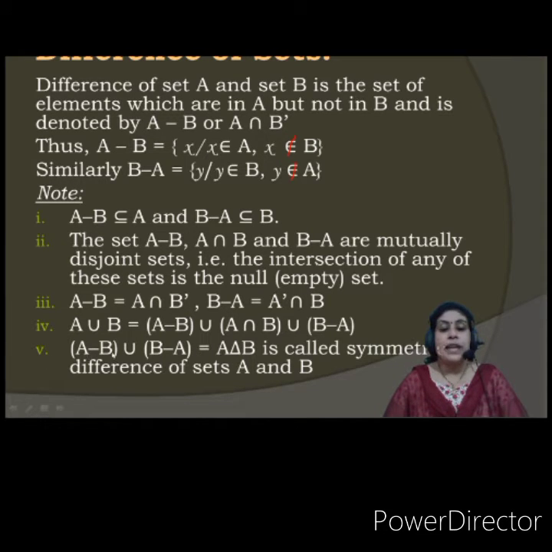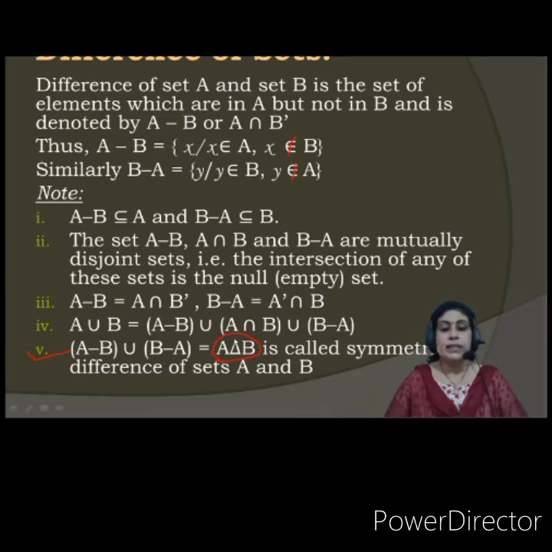Fifth one, A minus B union B minus A. Okay, do remember this. It is not asked too much, but it is very important for you all to understand and remember. See, A minus B union B minus A is the symmetric difference of A and B. This is how symbolically it is represented, that these are symmetrically different sets of each other.